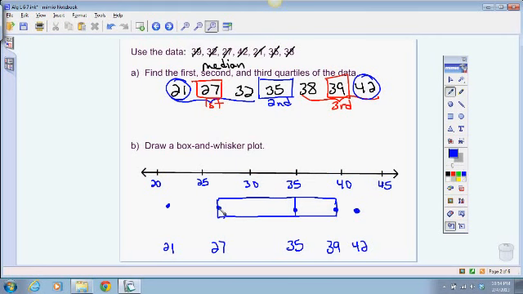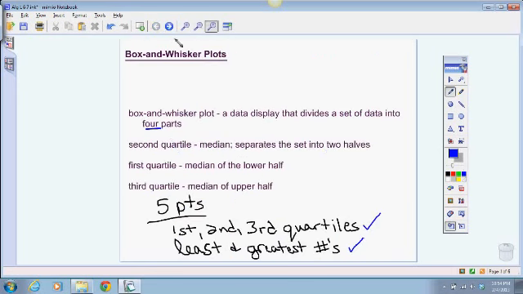And then we'll draw our whiskers out to the side. Box and whiskers. Again, to draw a box and whisker plot, you need 5 points: your 3 quartiles and your least and greatest numbers. You plot those numbers under a number line, and you can see how the data is distributed. It breaks it up into 4 parts.